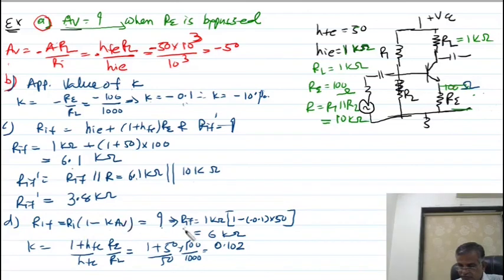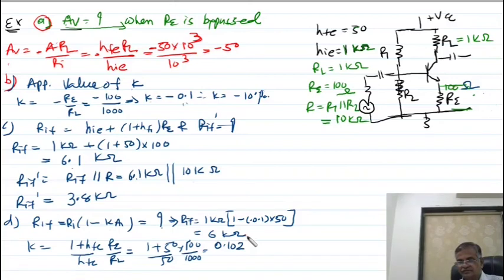I have used this equation, with the approximate value of K, so I am getting RF as 6 kilo ohm. Now the question: why are these two different? With the help of this equation you are getting 6.1 kilo, and with this equation you are getting 6 kilo ohm.